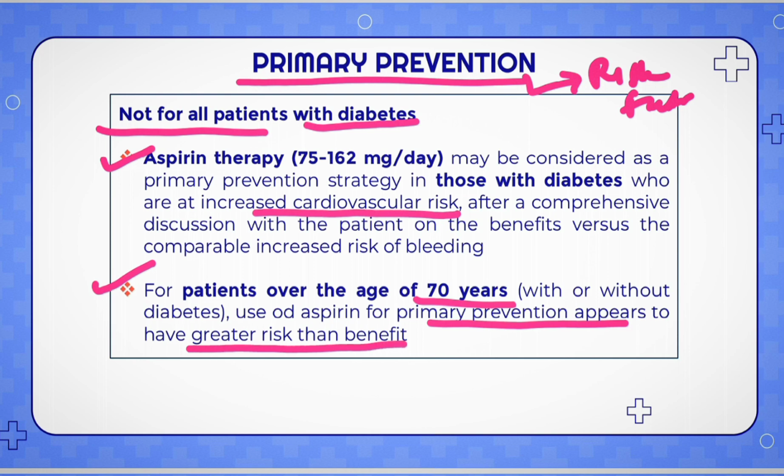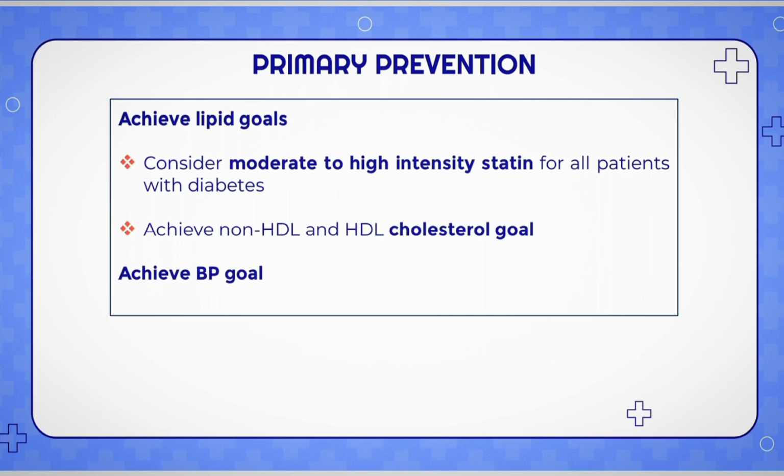The other primary prevention methods for patients with diabetes are achieving the lipid goals by using moderate to high intensity statins, which can help in achieving non-HDL and HDL cholesterol levels. Another primary prevention method is achieving the required threshold blood pressure level.